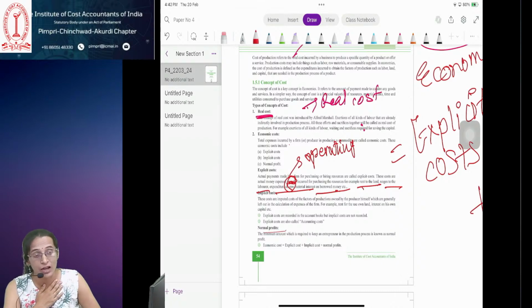If the entrepreneur and the capital belong to the same person, he gets some profit. Will he get interest on that capital? In accounting books, do we record interest on capital if the capital belongs to the entrepreneur himself?